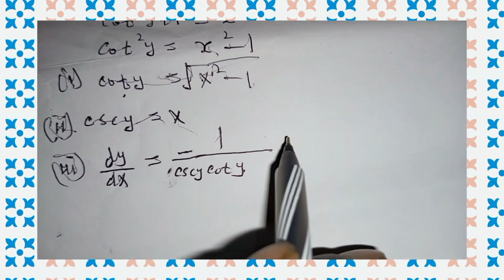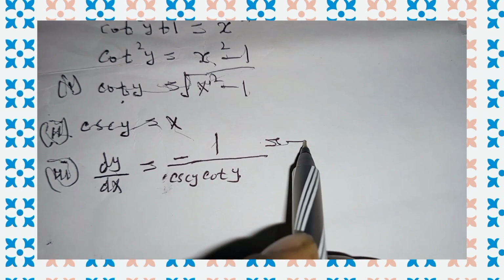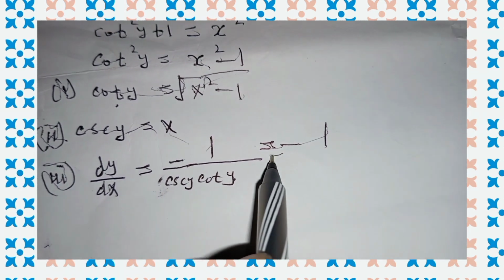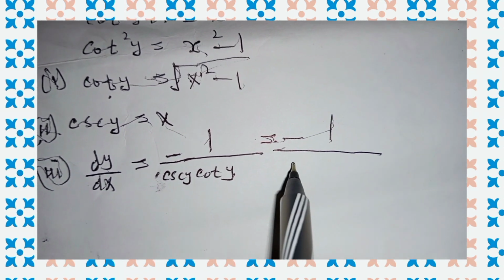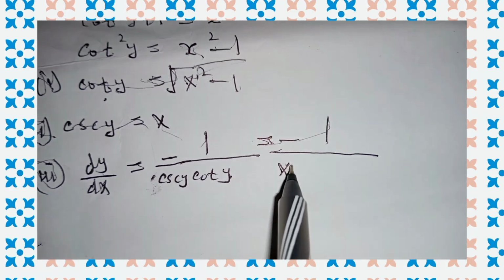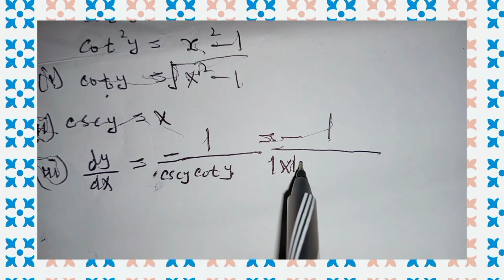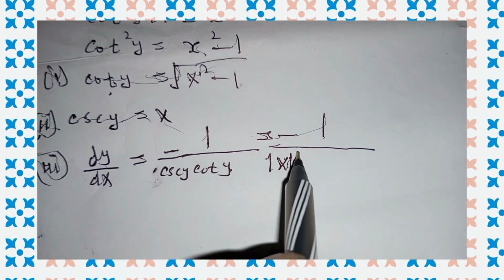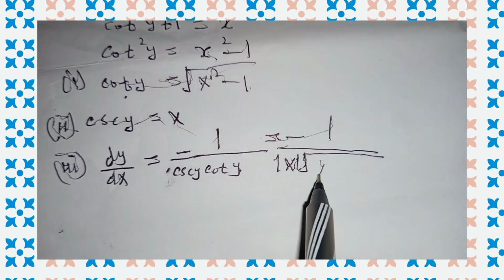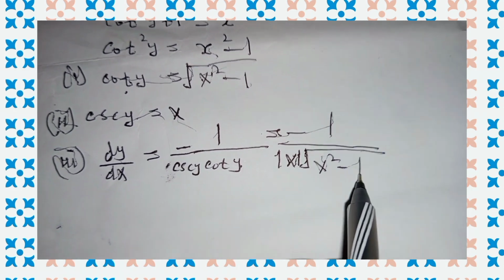When you do that, the result will be equal to -1, numerator is -1 divided by denominator x. You put the modulus because it is going to be positive, square root of x squared minus 1.